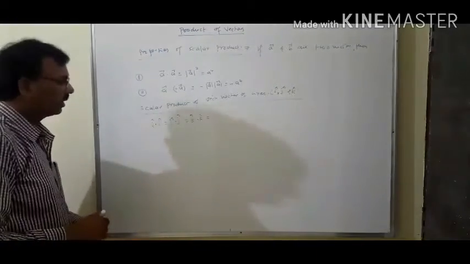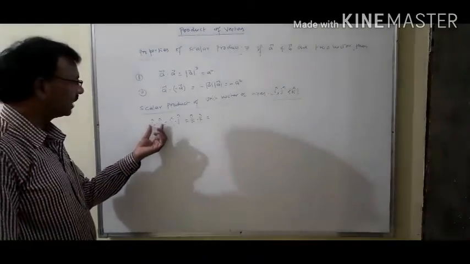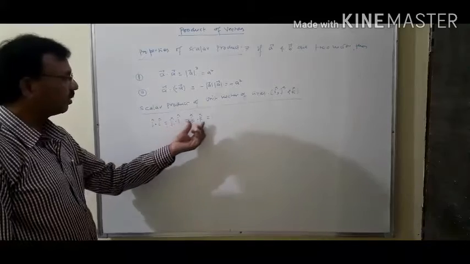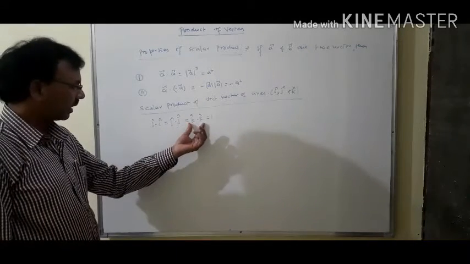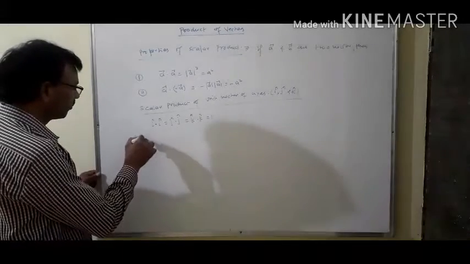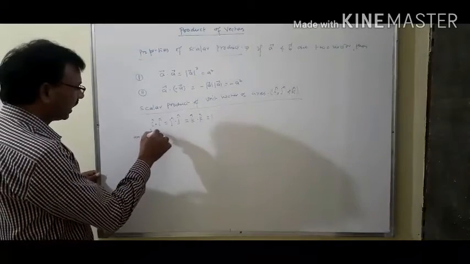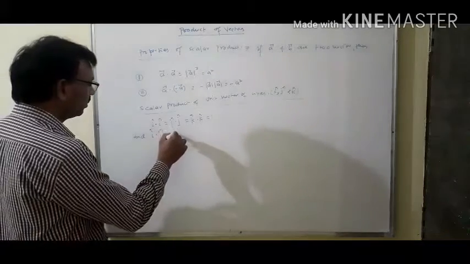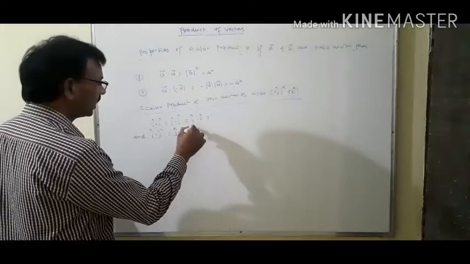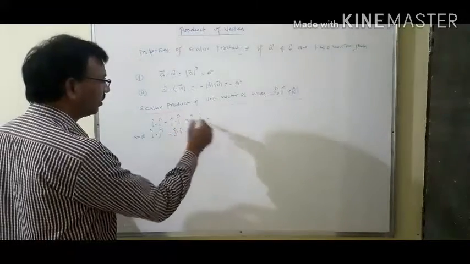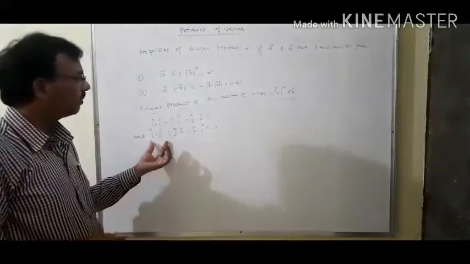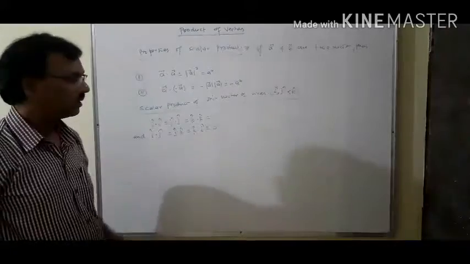This will be equal to 1. That means the scalar product of same unit vectors, i cap dot i cap equal to j cap dot j cap equal to k cap dot k cap, is equal to 1, and i cap dot j cap equal to j cap dot k cap equal to k cap dot i cap. This will always be 0. That means the scalar product of different unit vectors is always 0.